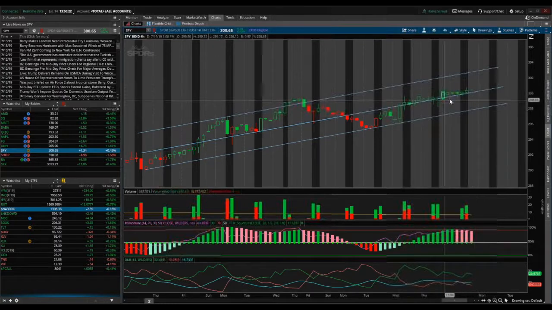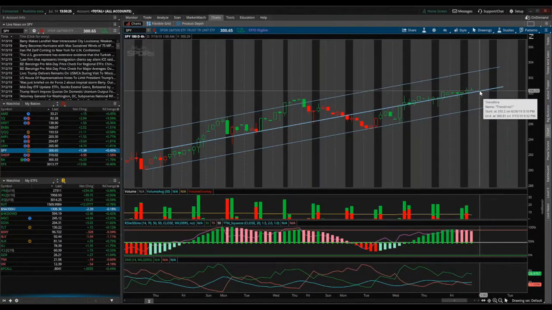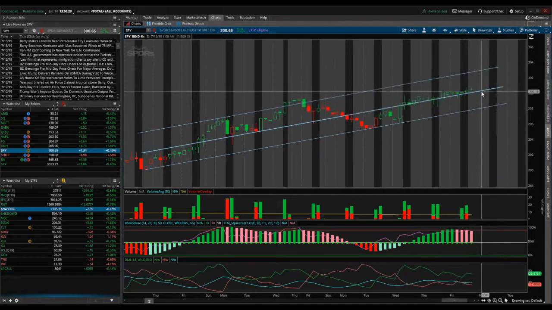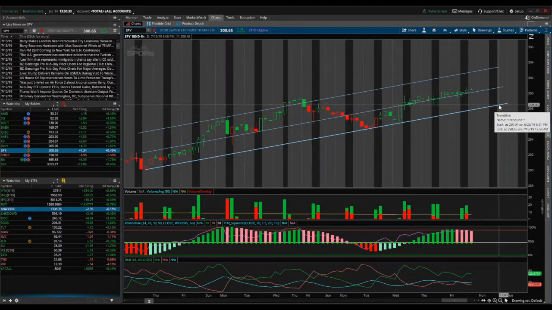It's acting as support. We should expect a move up Monday, but if we do not hold this midsection, we will expect a move down. See that? Very simple.